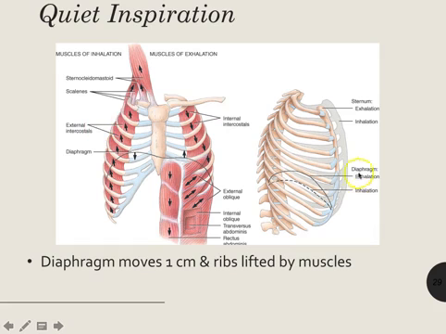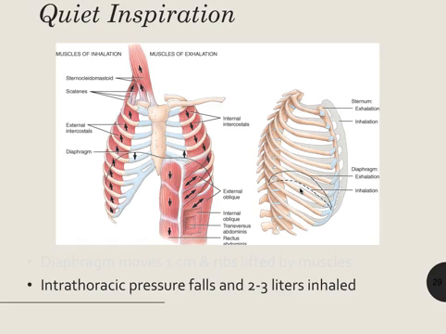You can see the diaphragm when you're inhaling goes from this position down, so it's expanding your chest cavity. By expanding that chest cavity, the pressure falls and you inhale somewhere around 2 to 3 liters of air.